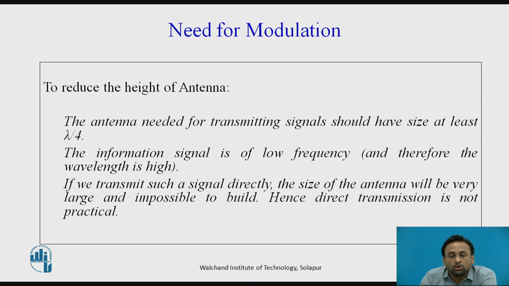That's why the lower frequency signal is superimposed on the carrier, which has a higher frequency. So that's why we have to go for modulation, to reduce the height of the antenna. Automatically, if you increase the frequency, the height of the antenna goes on decreasing. So we can build such antennas practically.